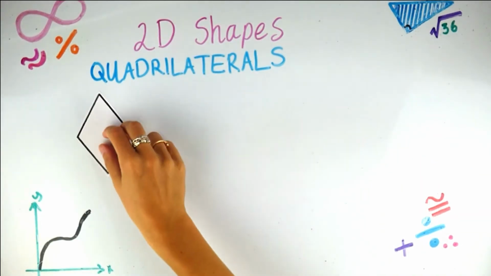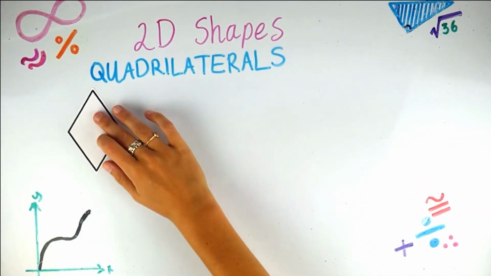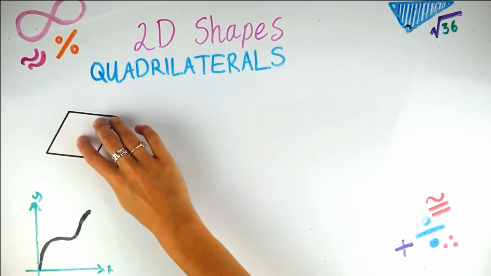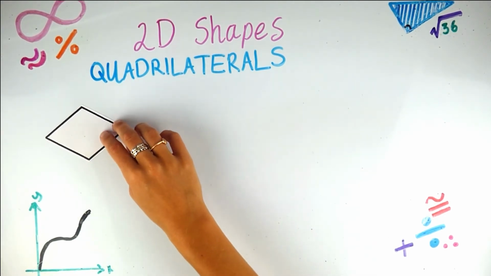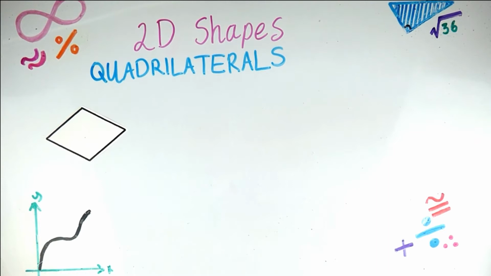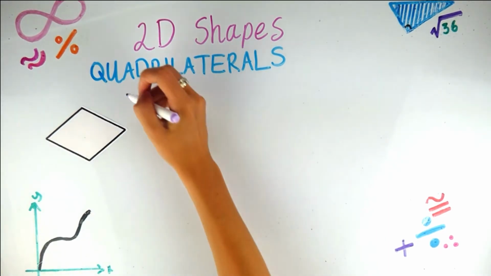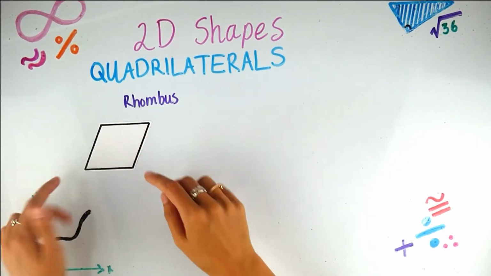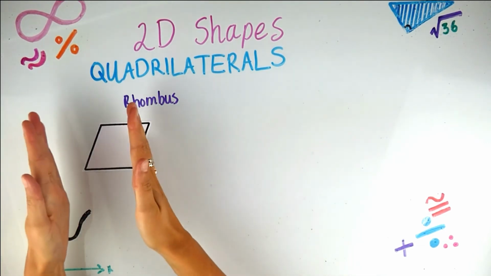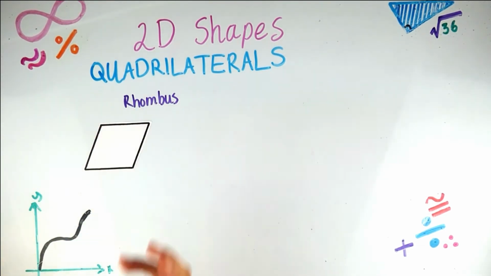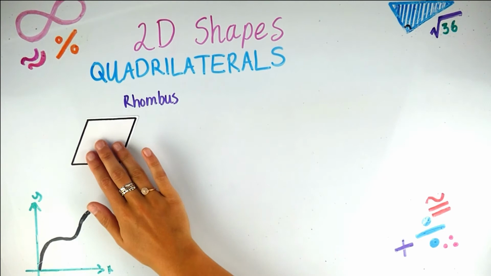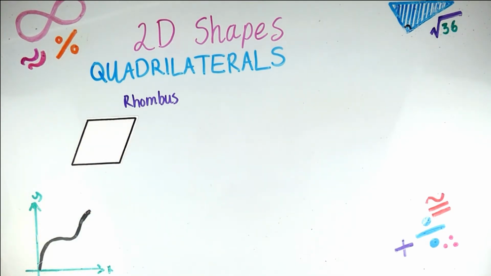We now move on to this shape, which looks like a diamond that way, but that's not actually a diamond, it's called a rhombus. A rhombus is like a square, but pushed over, so I had a square and I've pushed it over. So let's try and see how many lines of symmetry there are and what is the rotational symmetry.